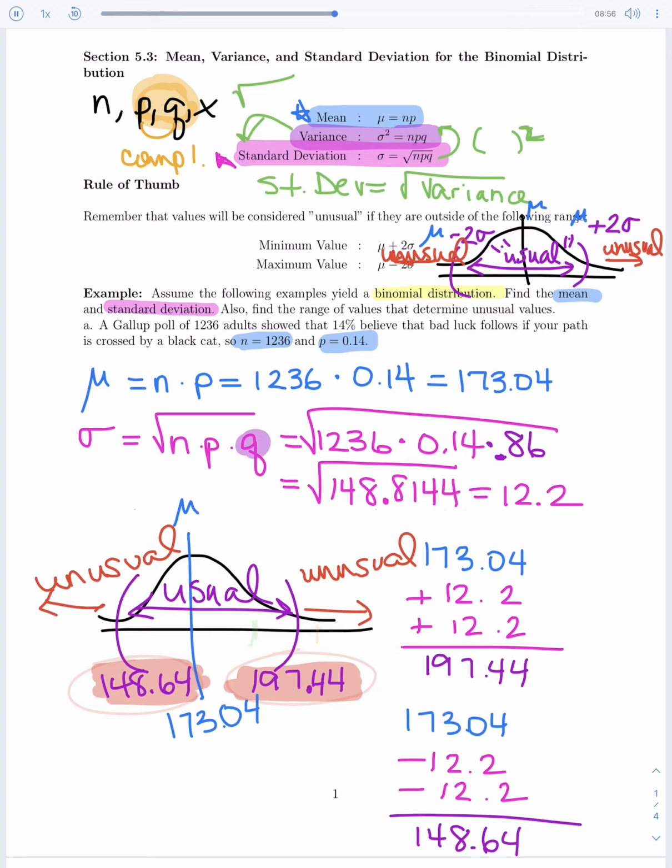And you'd say, well, the value 200 is outside of the usual range, so it's unusual. Or they could ask you about something like 180, which is in the middle, which would be considered usual. But for this one, they just wanted the range of values, which is 148.64 to 197.44.